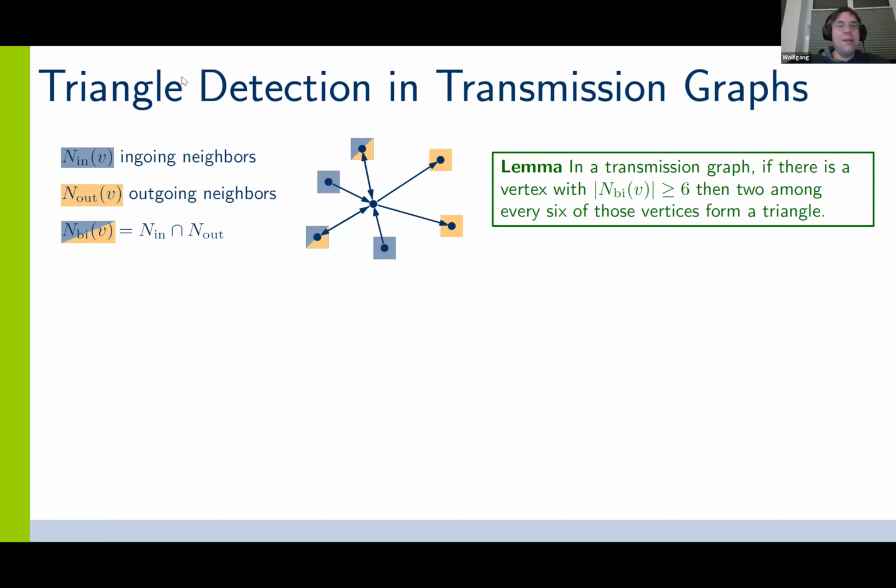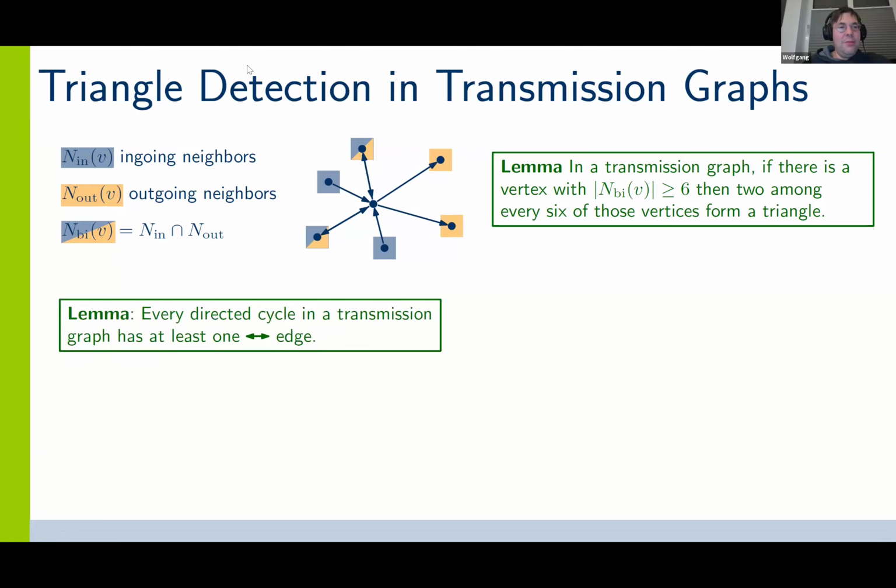So it's again a similar argument, not as simple as with the kissing property, but you have to have some cones, and then you can show that. So if you look at these bidirected neighbors, then you get a similar property.